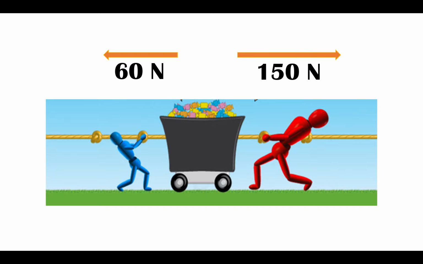So is there a balanced or unbalanced force in here? Of course, very easy. There's an unbalanced force because if you notice, the forces on both sides are unequal. One side is 60 newtons while the other one is 150 newtons.